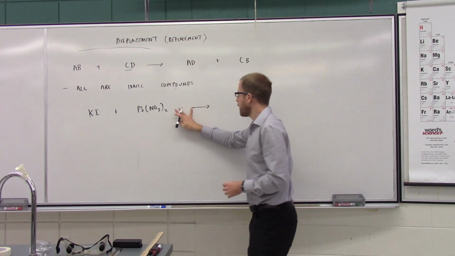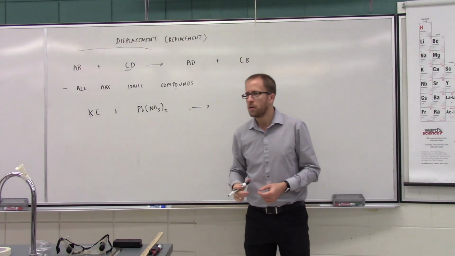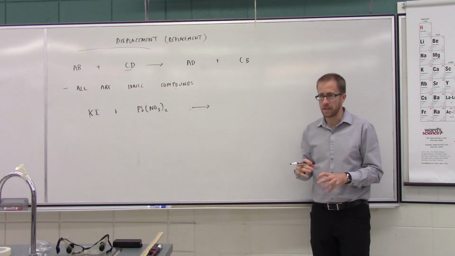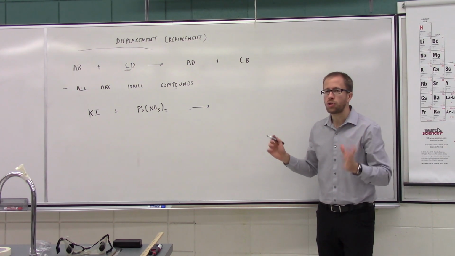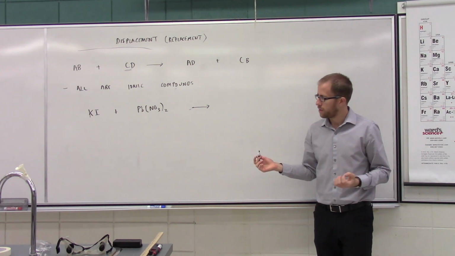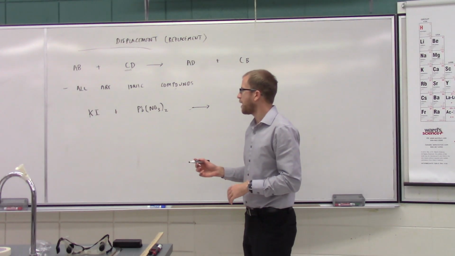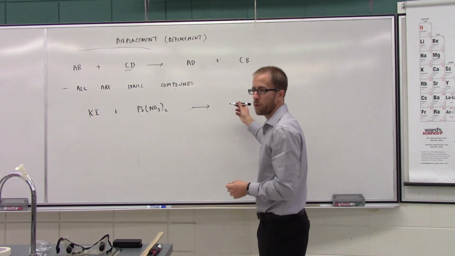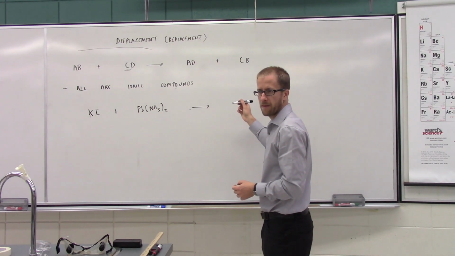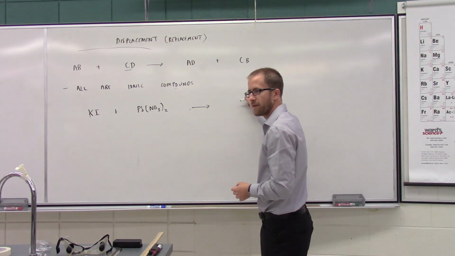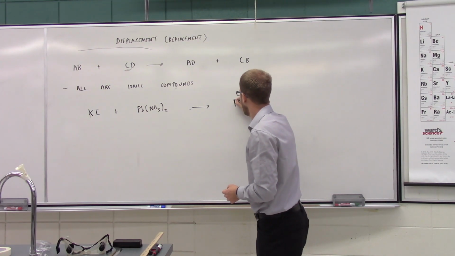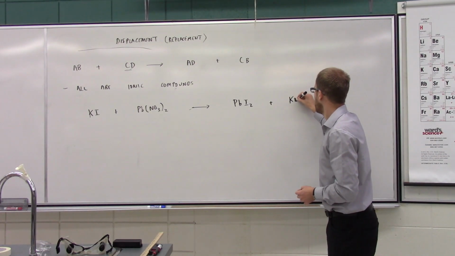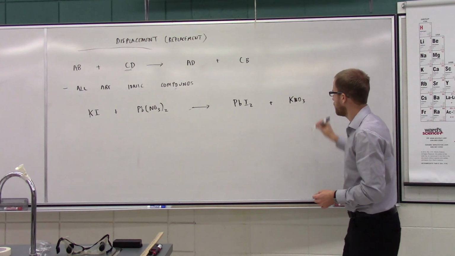Now, just like the previous example, two positives won't make a bond together, two negatives won't bond together. So they will exchange like ions. So in this case, what were the products you guys found? Lead iodide and potassium nitrate.